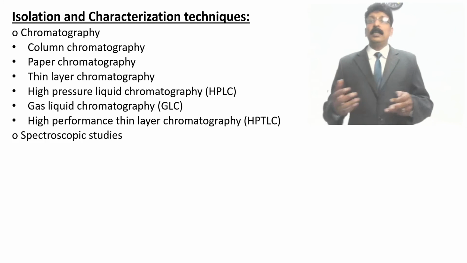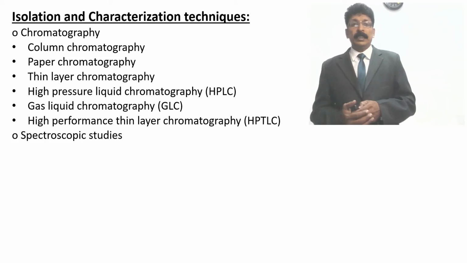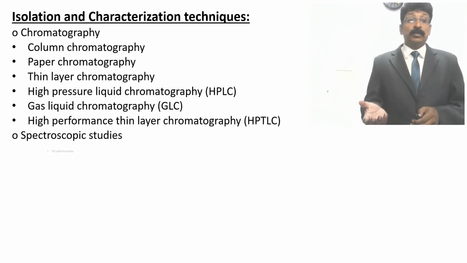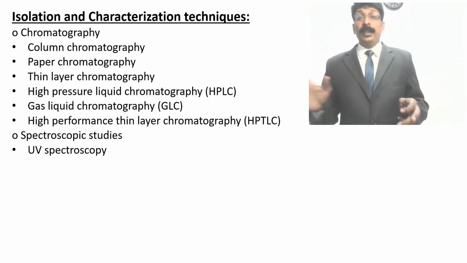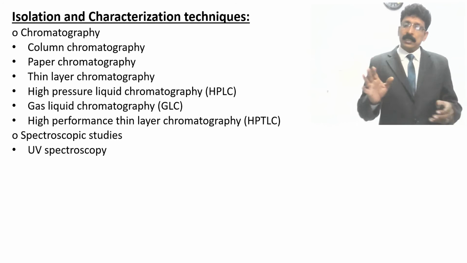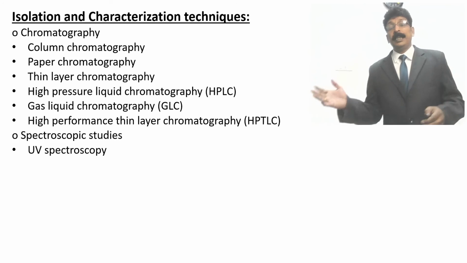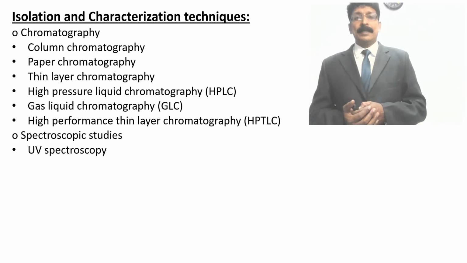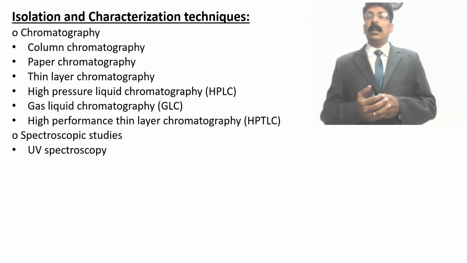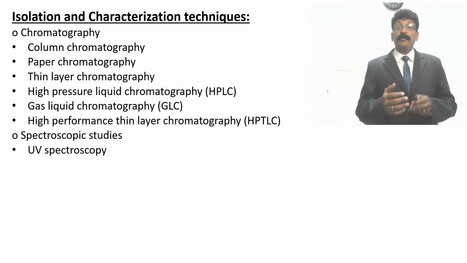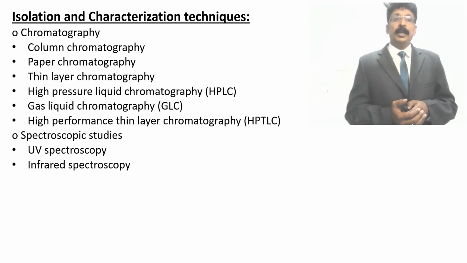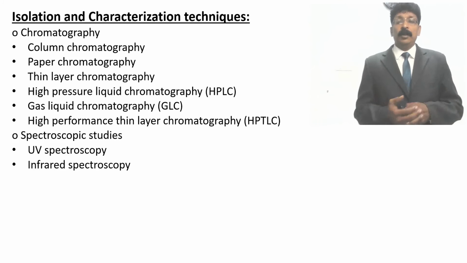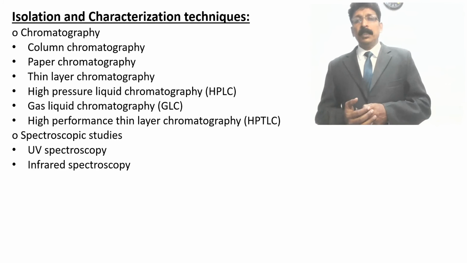I have added some more techniques also, like spectroscopic studies. We have to see UV spectroscopy, not in much detail, but we should still know about it. You will study the instruments in detail in the instrumental analysis subject in a later semester. Anyhow, we should know the instrument and its application in pharmacognosy and herbal drug technology.